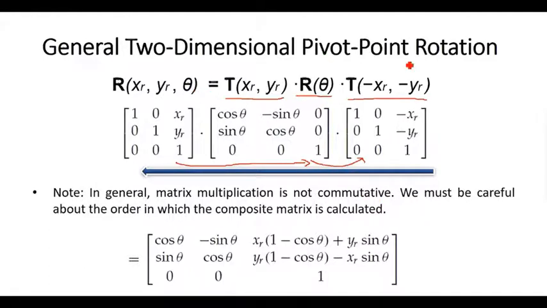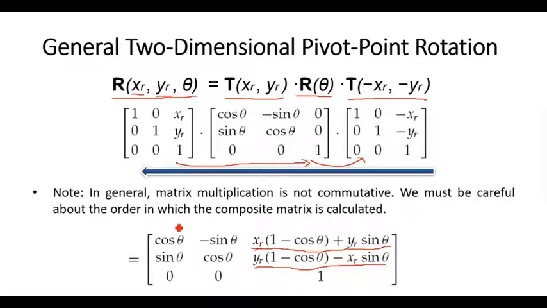Now rotation around a pivot point is given by this notation. Normal rotation is given by R of theta. We don't have to give any point here because this is rotation around the origin, but over here we give the reference point or the pivot point that we are considering in this rotation. If you see, this is the added term. This term represents translation, positive and negative translation.